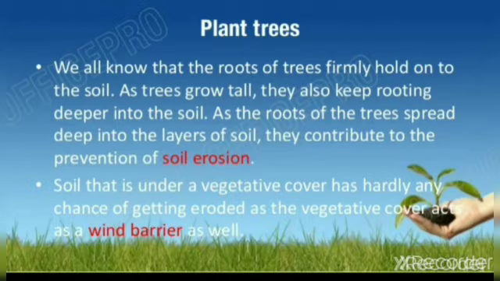So the next method of soil conservation is crop rotation. Crop rotation is the practice of growing a series of dissimilar types of crops in the same area in sequential seasons. Continuous cultivation of the same crop also leads to an imbalance in the fertility demand of the soil.